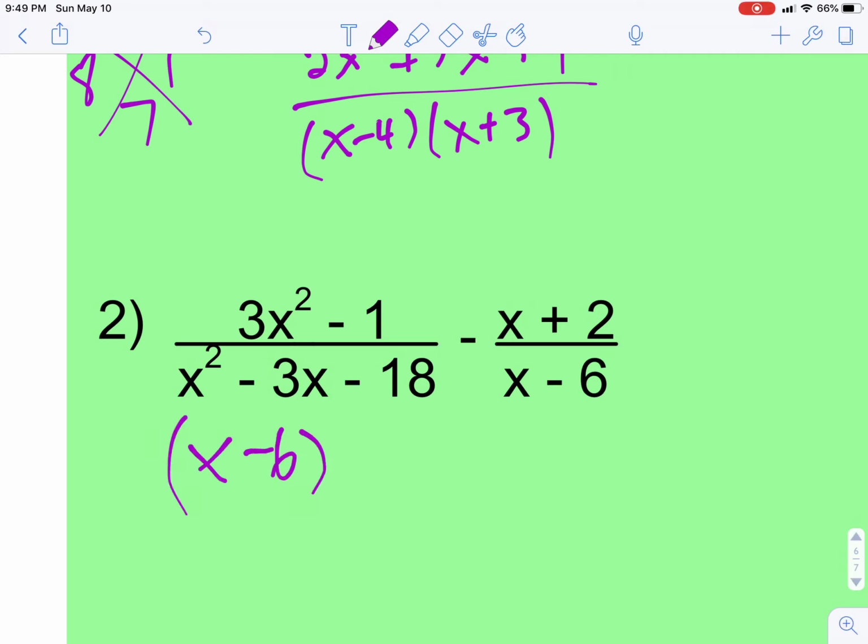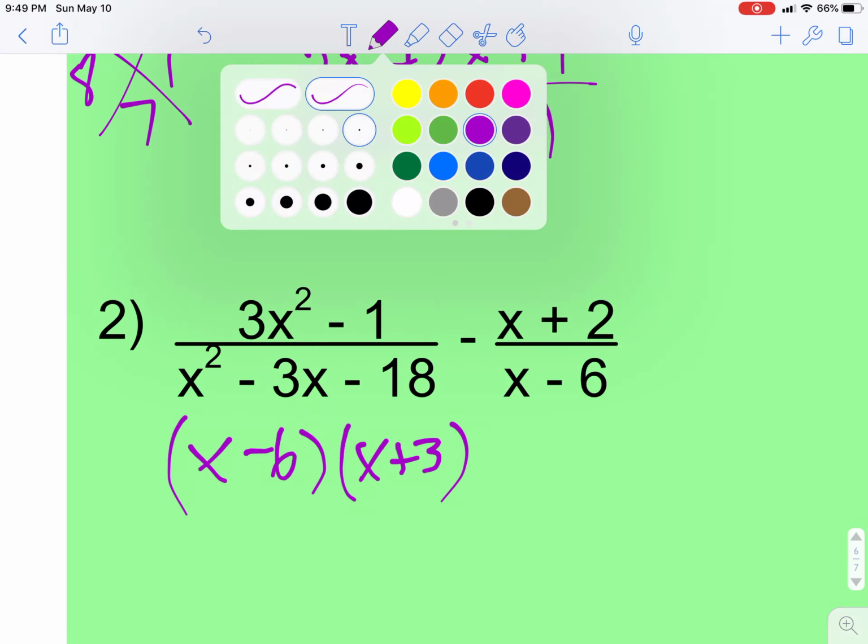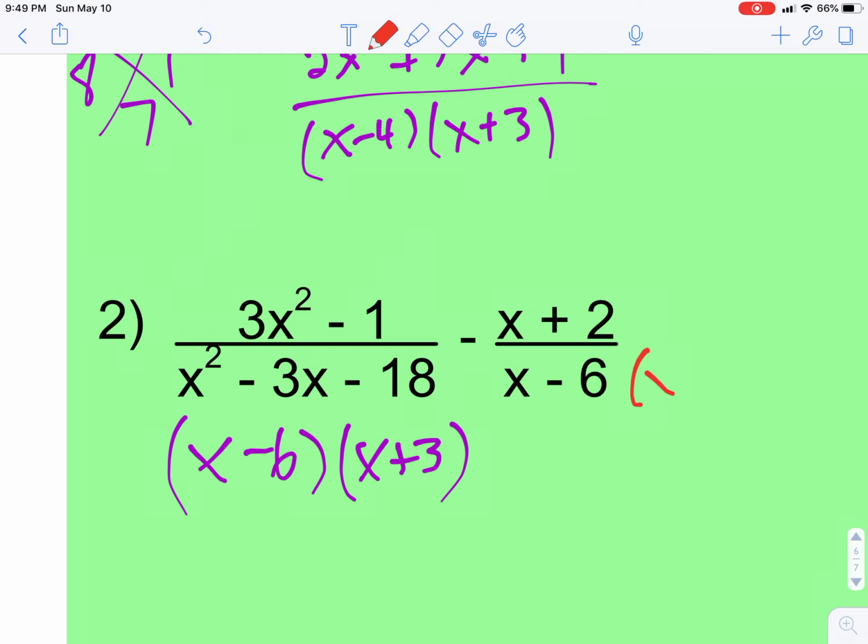Factors of negative 18 that add to get 3 are positive 3 and negative 6. So we are going to multiply this side by x plus 3. Again, this is our special multiply by 1 is all we're doing. And we got 3x squared minus 1.